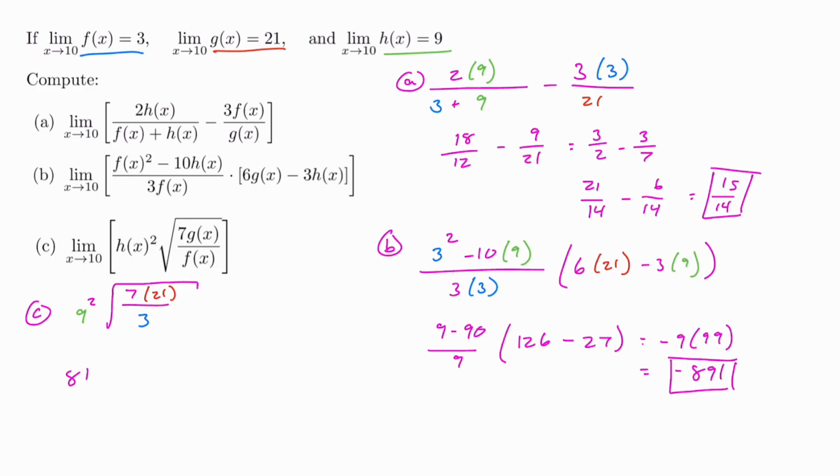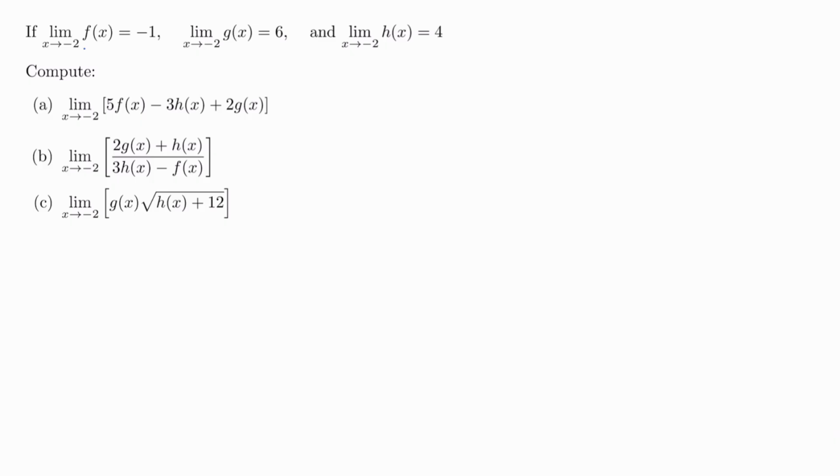And let's cancel out the 3 times 7 in the 21. So we're left with here 7 times 7, or 7 squared. So this is going to be 81 times 7, which is equal to 567.